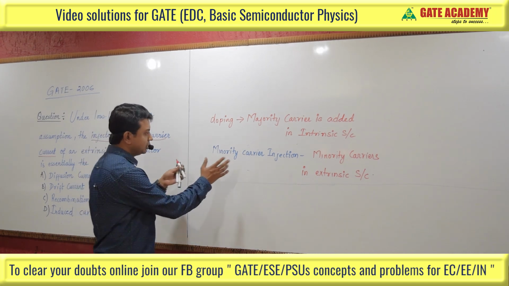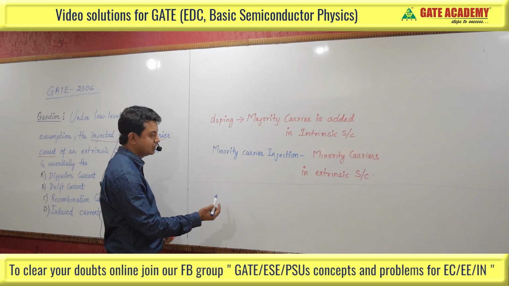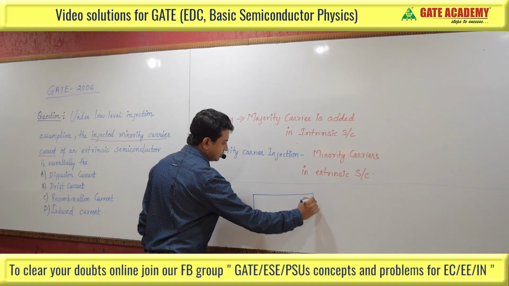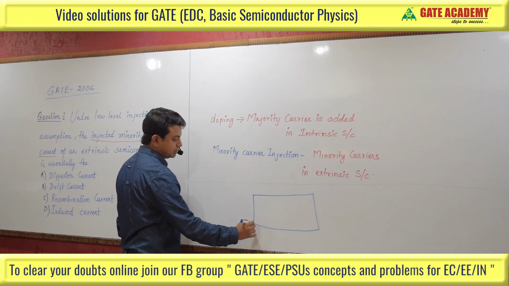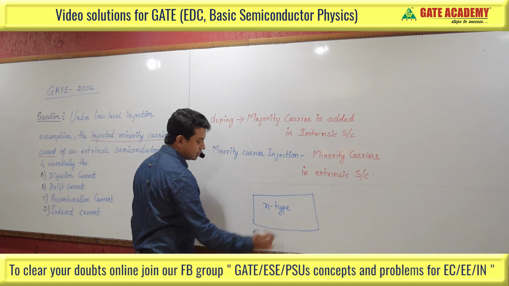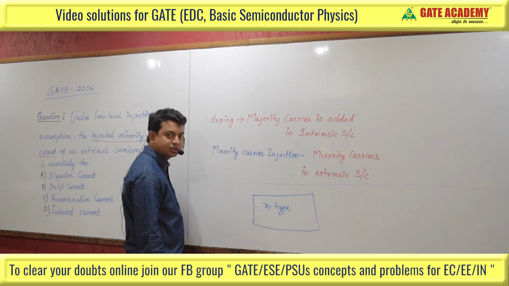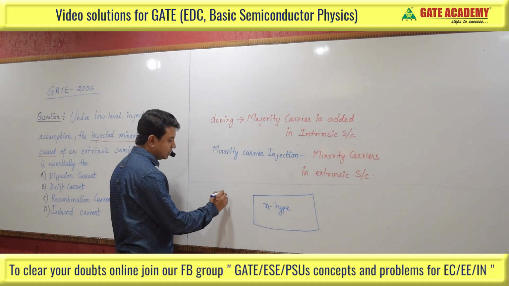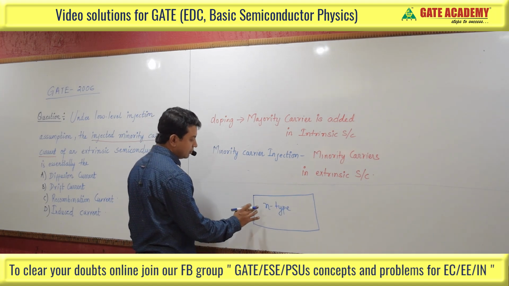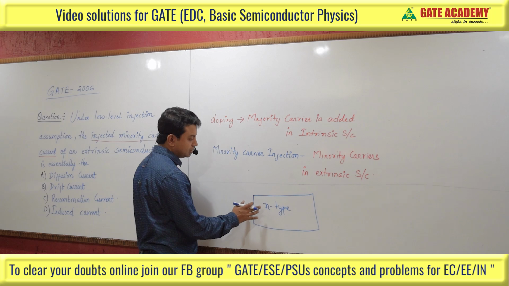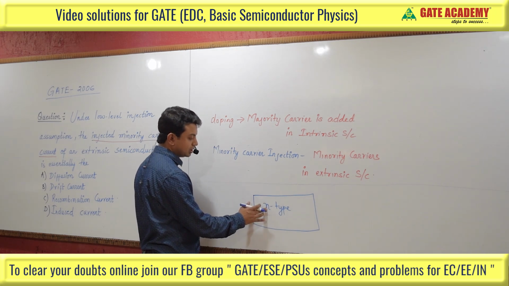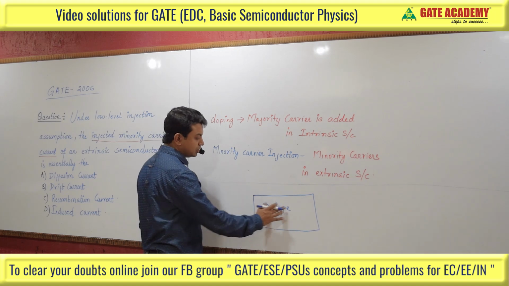So how are we doing this? First of all, we have to understand this thing. Suppose we are taking an extrinsic semiconductor, and suppose this semiconductor is of N type. Initially we have the concentration of electrons, the majority charge carrier, throughout this semiconductor.